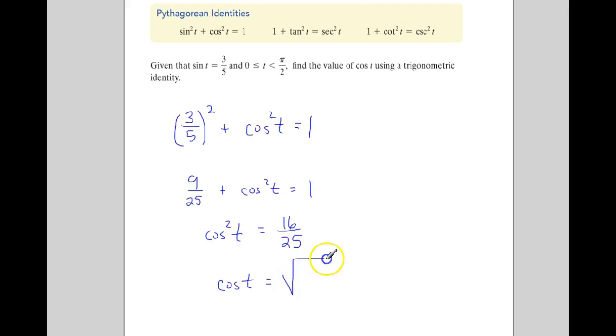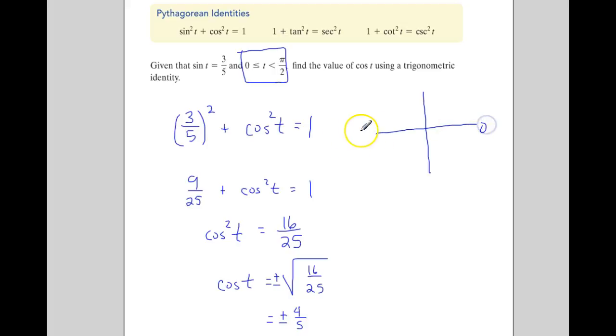The square root of 16/25. Now technically I need a plus and a minus, because when you solve via square root you have to consider it could have been negative. This ends up as 4/5. Alright, plus or minus for right now, but notice they give me that this is between 0 and pi over 2. So remember, this is 0, this is pi, so this is pi over 2.